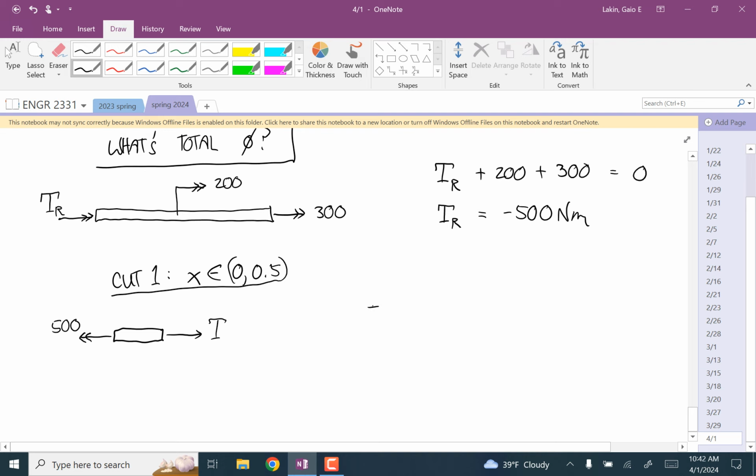And so you can see that, I guess I'll write out the equation, but you can see that T is going to be equal to positive 500.